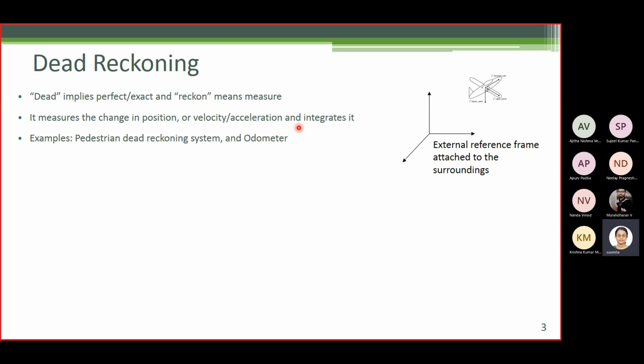So what is a pedestrian dead reckoning system? A pedestrian dead reckoning system has accelerometers. All of you are familiar with accelerometers? Yes or no?